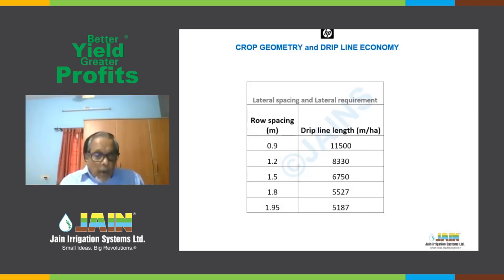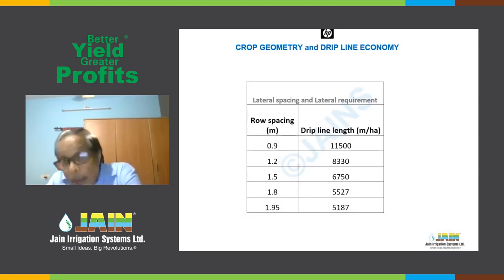As we go along, we will see the differences. Now, in sugarcane, with spacing or crop geometry, a lot of changes could be made by looking at the crop, and that helped in more and more economic drip line placement.